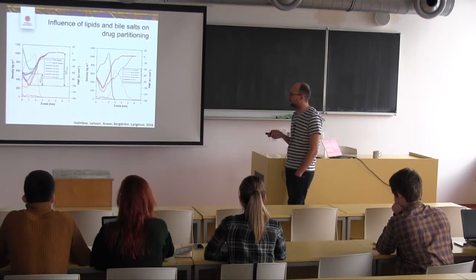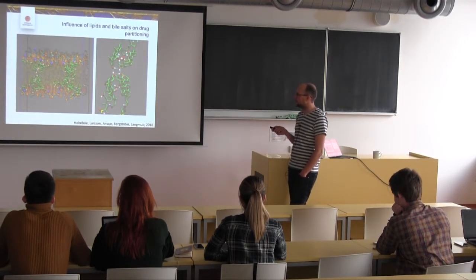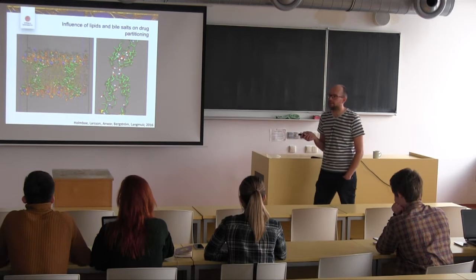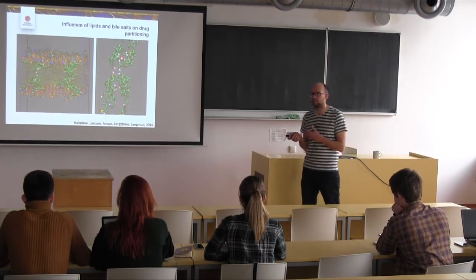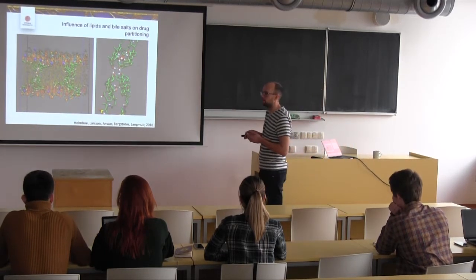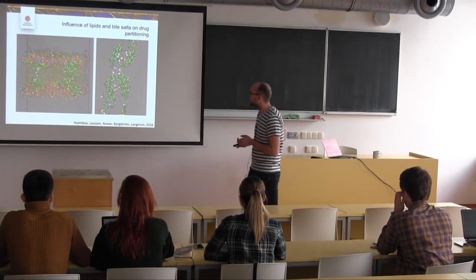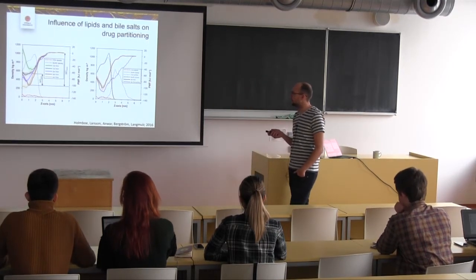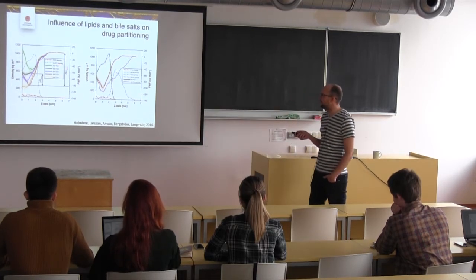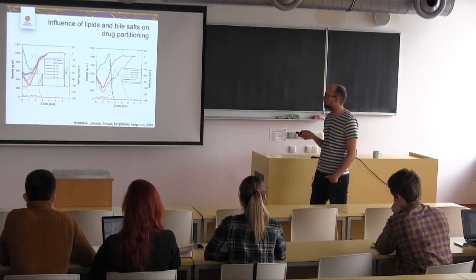We wanted to investigate why we always see these taurocholate molecules clustering together as groups of 4. Why not 5 or 3 or 15? So we did a bunch of free energy calculations, essentially varying the amount of taurocholate in the membrane.